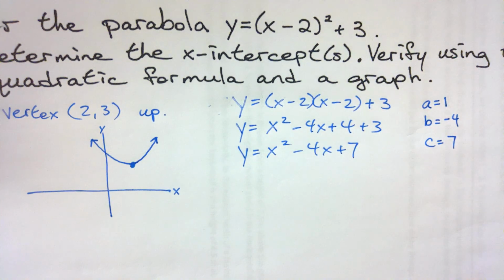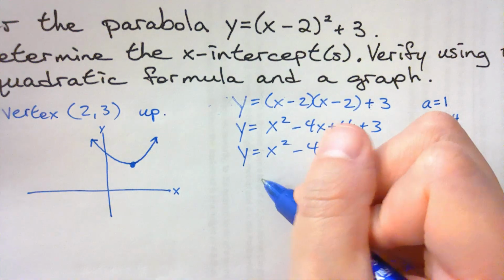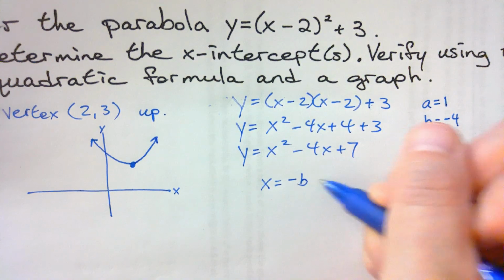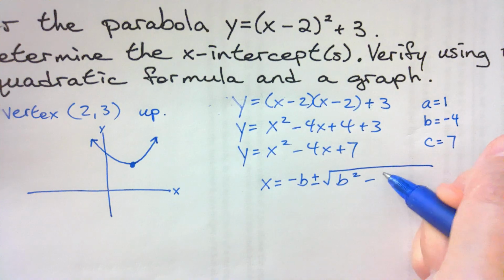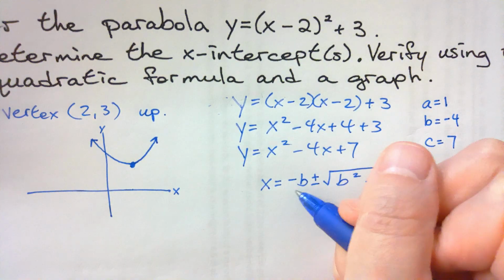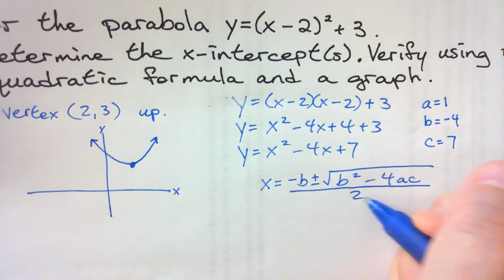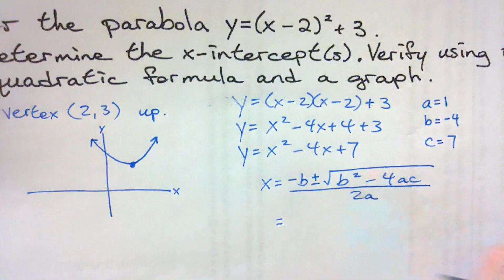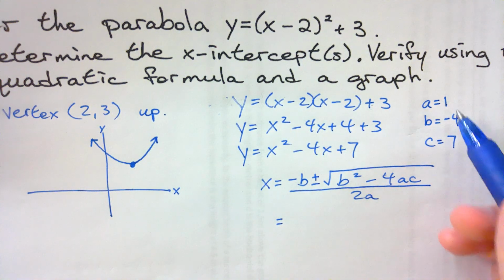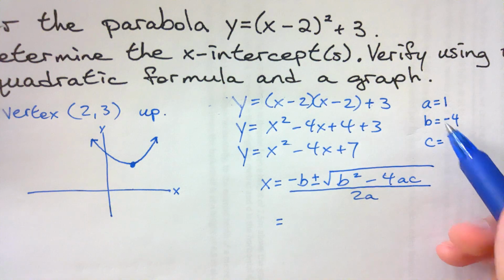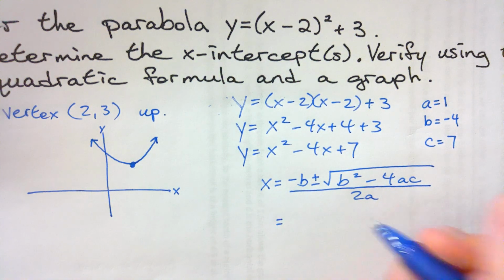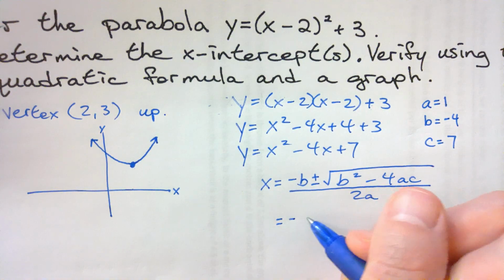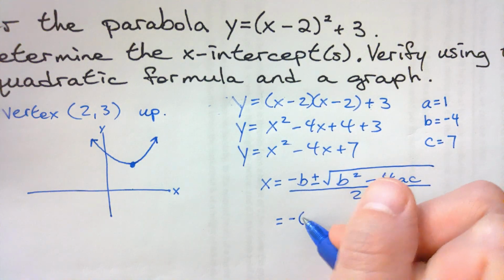Good. Okay. So let's plug it into the formula. Remember, when do we use the formula? To find x-intercepts. Okay, so I want to make sure you know what to do. Can you help me with substituting the A, B, and C? Negative 4.